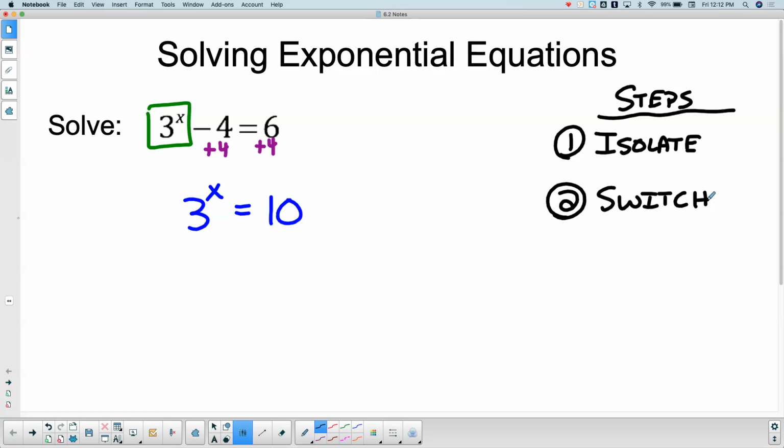If it's a logarithmic equation, you're going to switch it into exponential to solve it. So this is an exponential, so now I'm going to switch forms with it. So that's going to be log base what, of what, equals what.